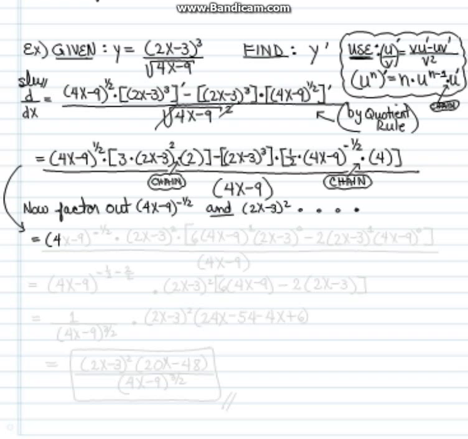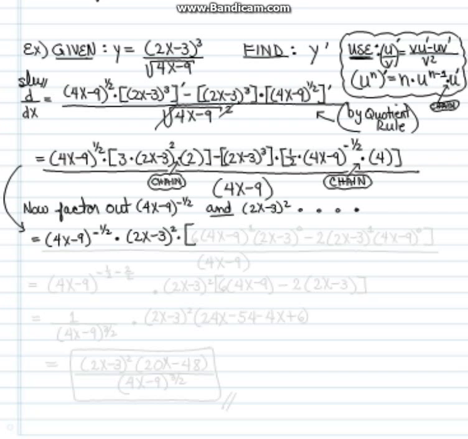And that leaves 4x minus 9 to the negative 1/2 power times 2x minus 3 to the second power times, okay, hold on, before I go any further. Whatever I write here in terms of 4x minus 9, when I multiply it by the 4x minus 9 to the negative 1/2 on the outside, it's got to equal 4x minus 9 to the positive 1/2, because that was a factor of 4x minus 9 in the first term.